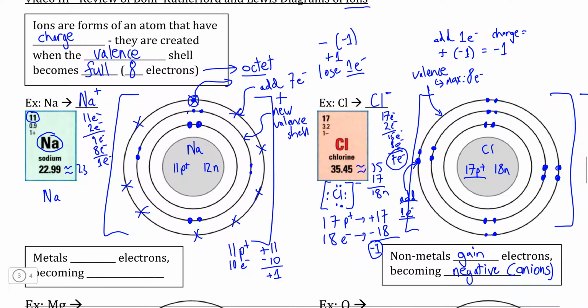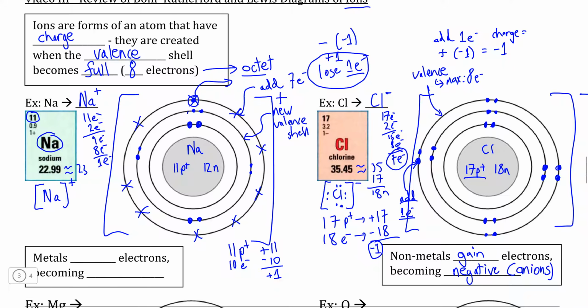And because sodium became an ion by losing its valence electron, we don't actually show any valence electrons at all in the Lewis structure, so instead we just give it square brackets and a positive charge in the top right corner, exactly as with the Bohr-Rutherford diagram.